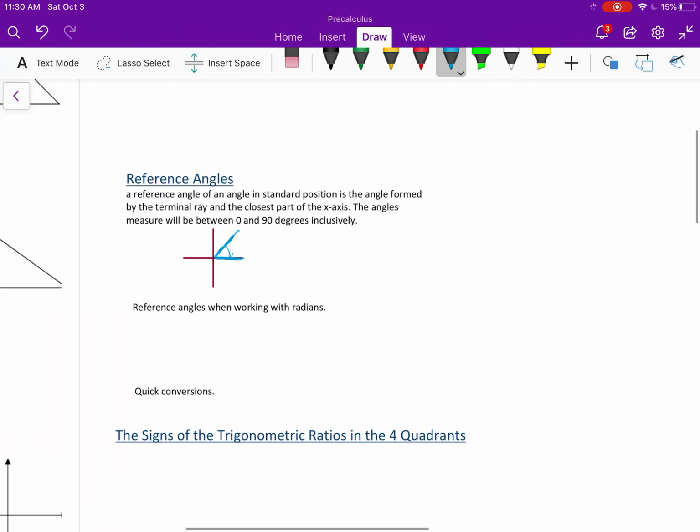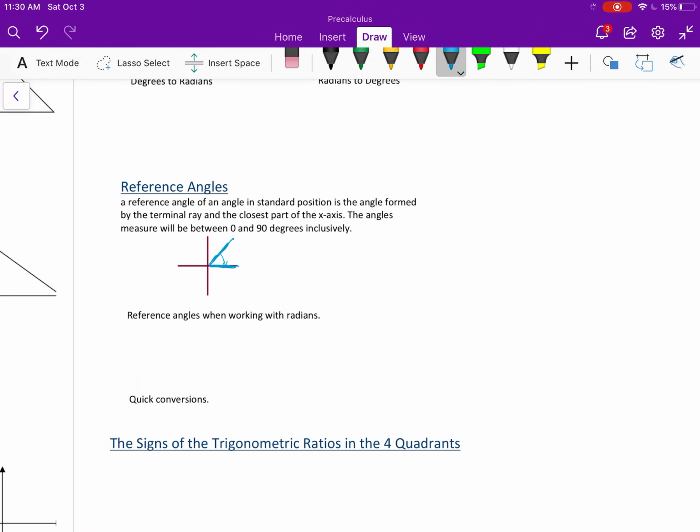Now, what about looking at the second quadrant? So I'm going to put another x and y axis here. There's our angle in standard position in the second quadrant. Well, what's the closest part of the x-axis here? It's the left part of our x-axis. So if we were thinking about degrees, that's all the way to there, 180 degrees.